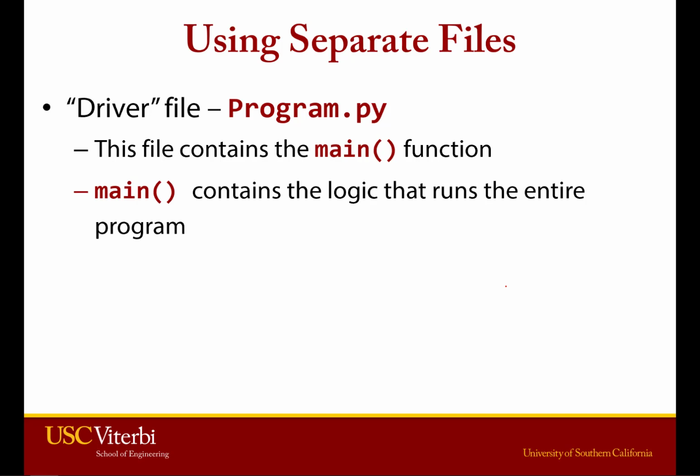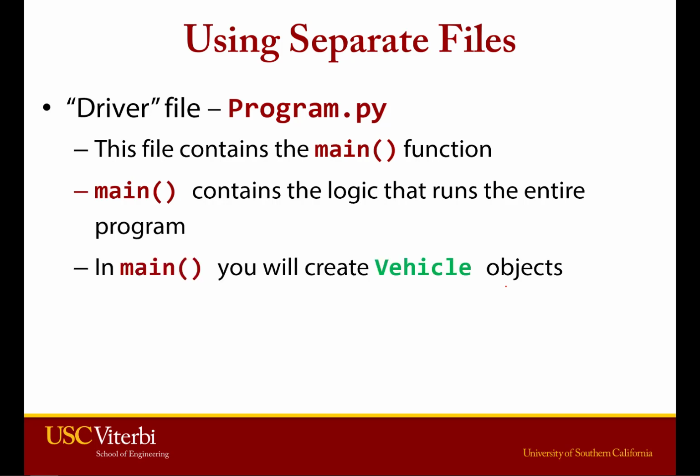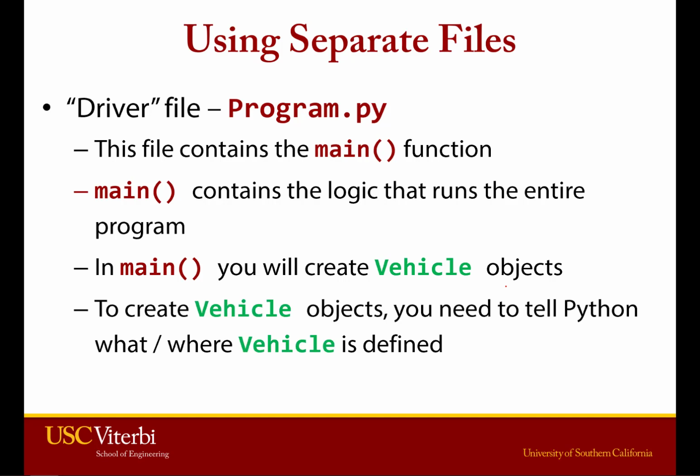If you have freestanding functions, they might go in here. If you have a global variable or something like that, an import statement, that could all go in here as well. In main, you're going to create your vehicle objects. Now, in order to be able to create a vehicle object, you have to tell Python where the vehicle object lives.